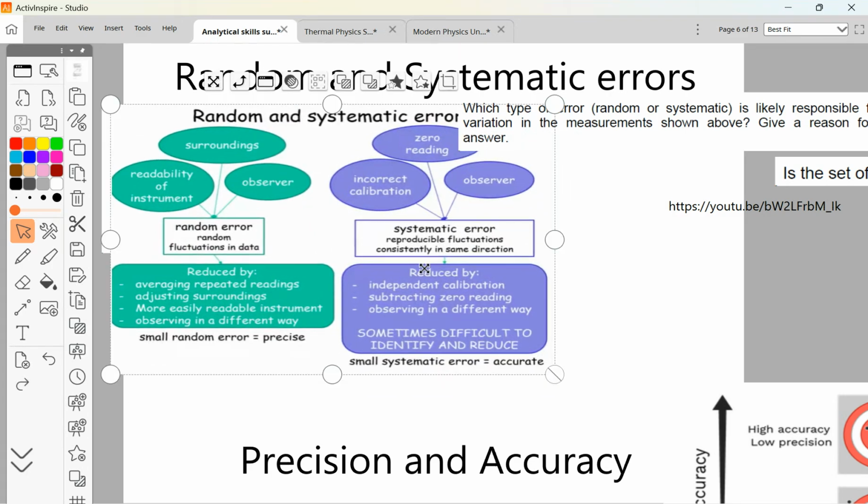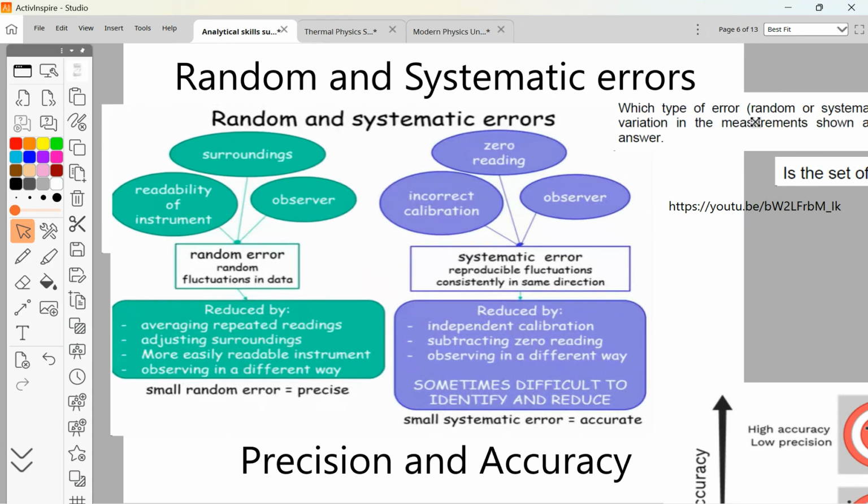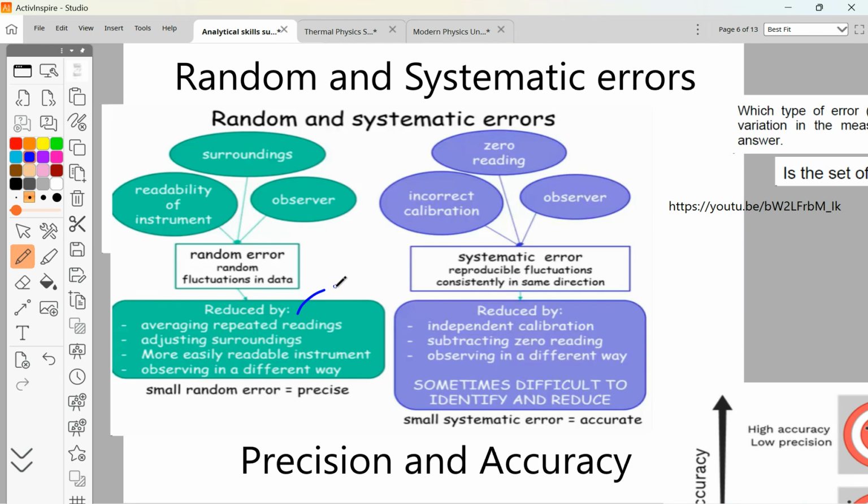Then we have random and systematic errors. Again, the reason why I put these in here is so that we can talk about how to make them smaller. So if you have a random error, to make it smaller, averaging would not give you the mark. If you're averaging 1,000 readings and they still have the same range, you're going to get the same value.